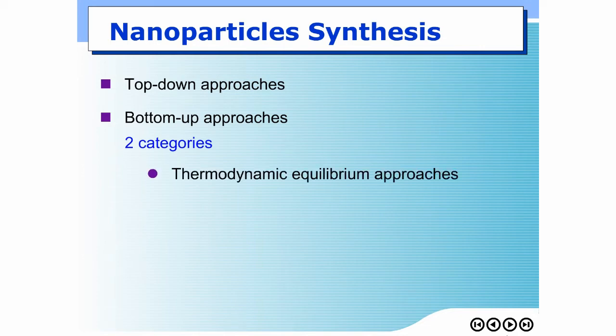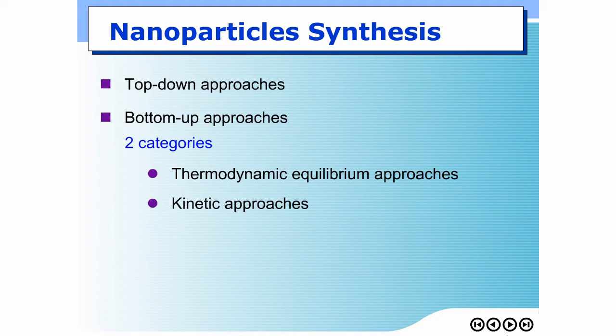The first one is called thermodynamic equilibrium approaches. In this case, it starts by using chemicals and precipitating chemicals out, and somehow using nature or precipitation to confine or to make the particles small.